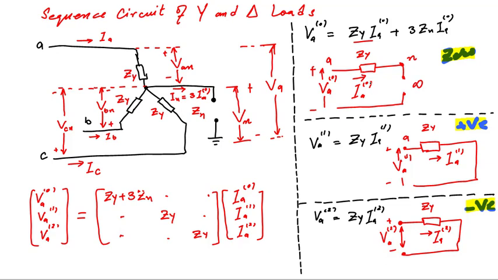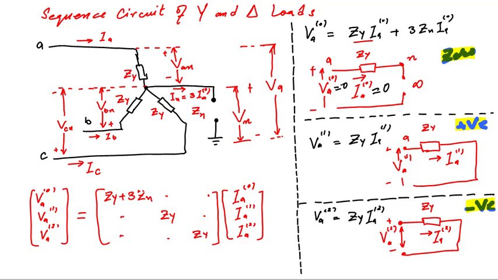So this current I_A zero sequence will become equal to 0, and the voltage will also become equal to 0 in that situation. So if we open the neutral circuit, then this Y connection has these three equivalent circuits: zero, positive and negative. Zero sequence will be open, positive and negative remain unchanged.